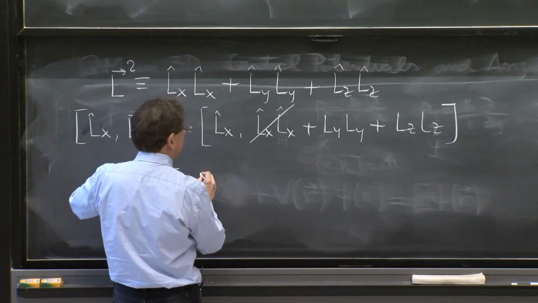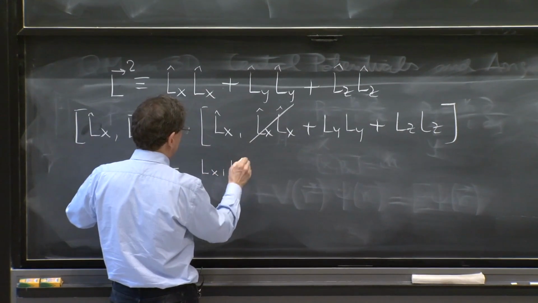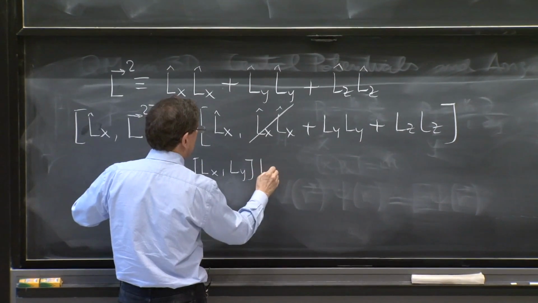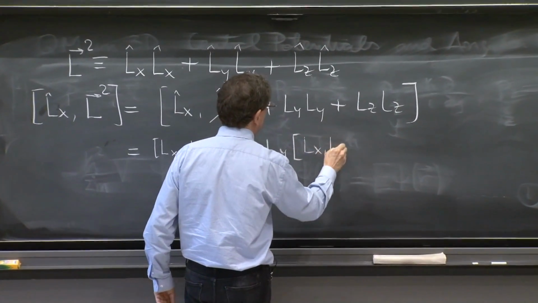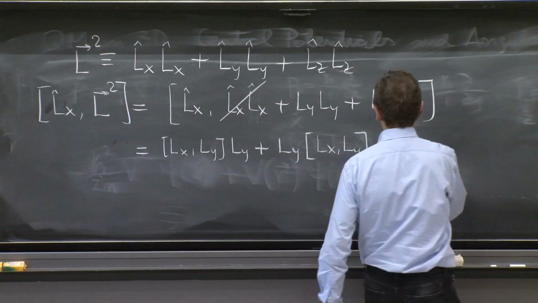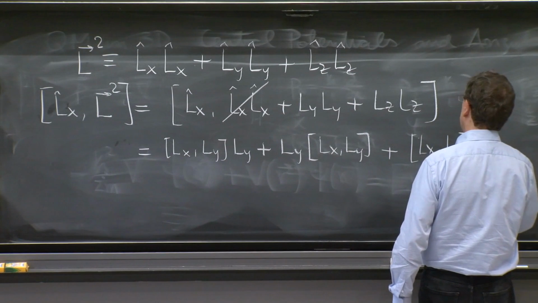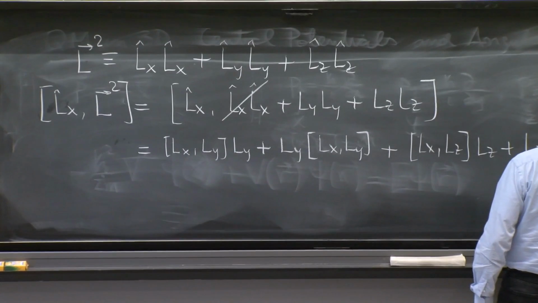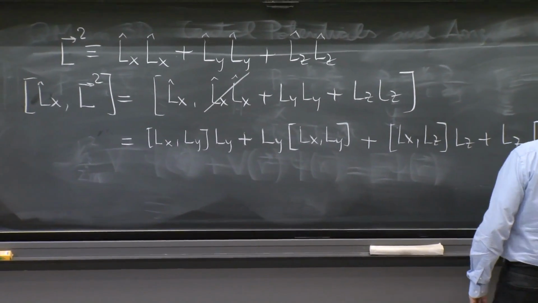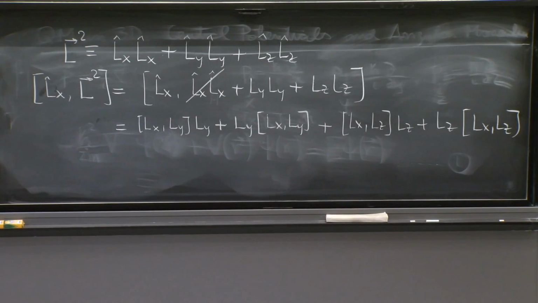So this would be an Lx Ly Ly plus Ly Lx Ly. This is from the first. Plus Lx Lz Lz plus Lz Lx Lz. And if you don't put these operators in the right order, you don't get the right answer. So I think I did.